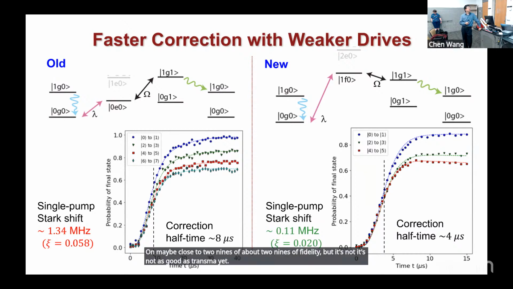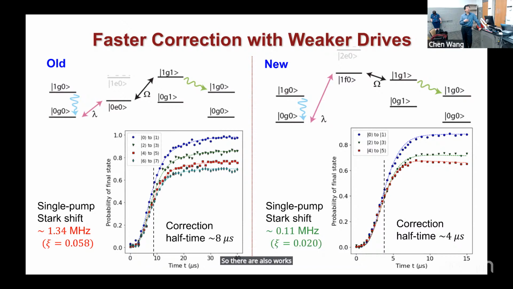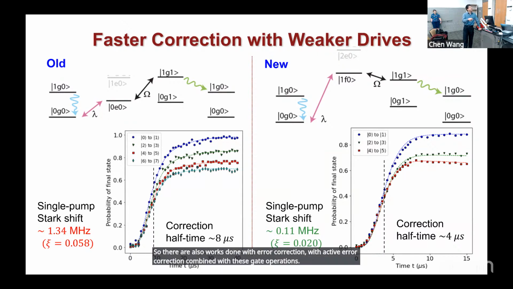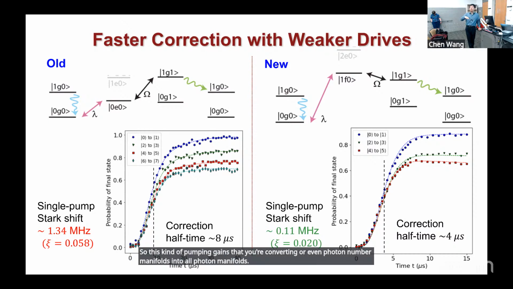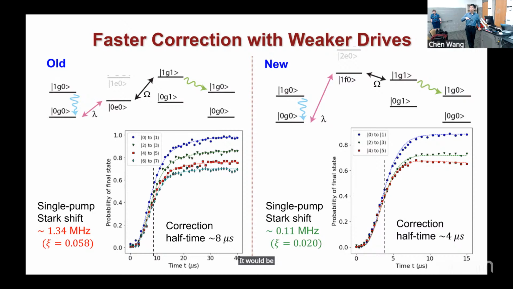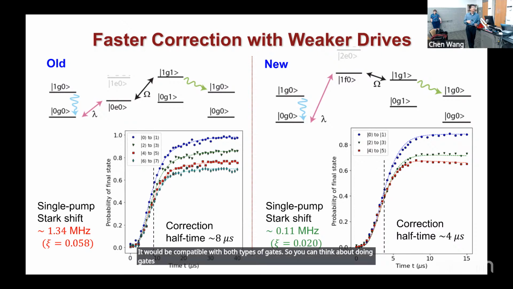There are also works combining active error correction with these gate operations. This kind of pumping scheme, where you're converting the odd-even photon number manifold into the odd photon manifold, would be compatible with both types of gates. So you can think about doing gates in the presence of these drives in the background. That is possible.